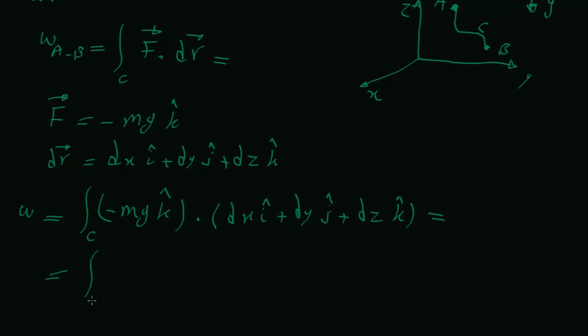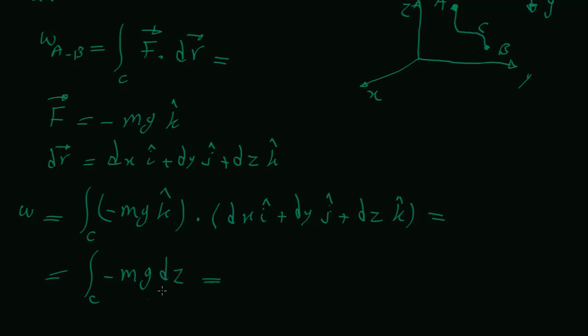So this is going to be the integral again along C. And the j component is again 0, so 0 times dy is 0, and we only have the k component. So minus mg in the k direction, dot product with dz in the k direction. So this is going to be minus mg dz.